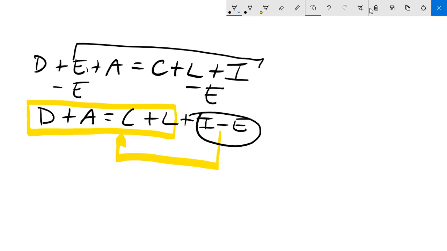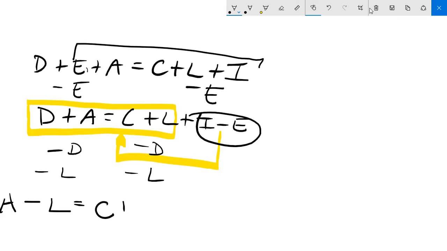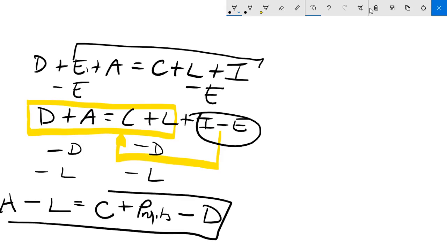So if I take D away from both sides, and then I take L away from both sides, I'm left with A minus L is equal to C plus, if you like, I minus E, which is profit, minus D. And this is the layout of your balance sheet.